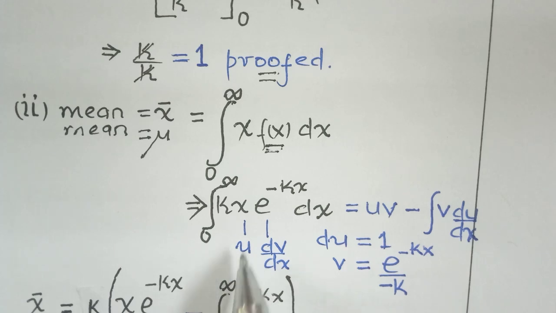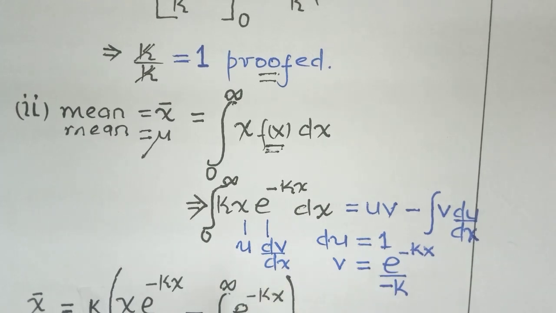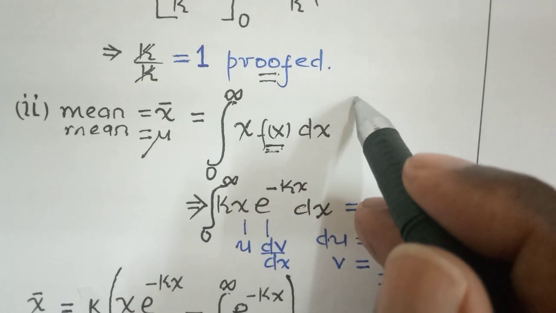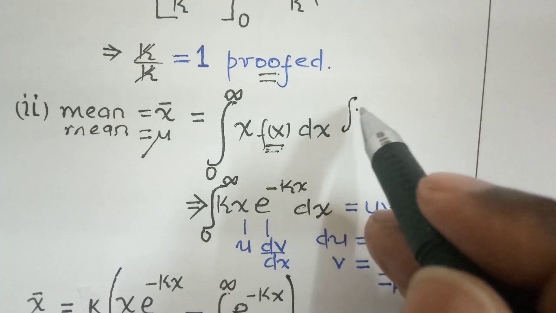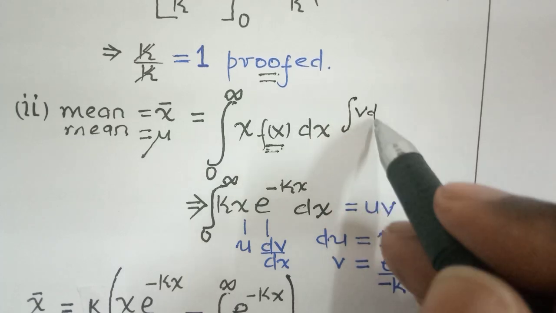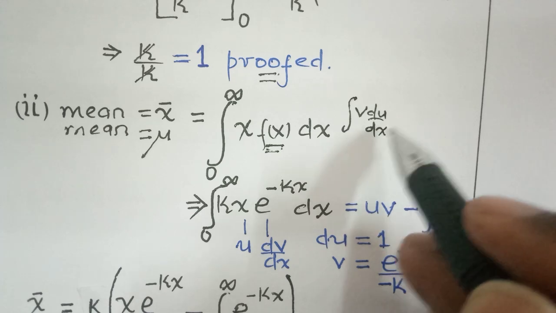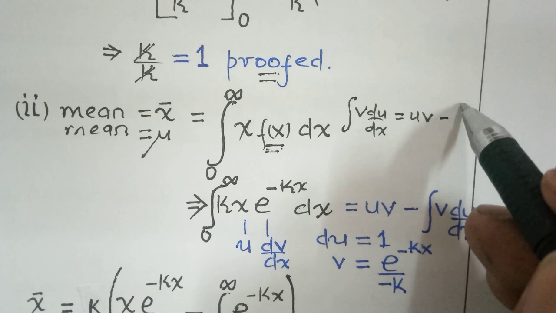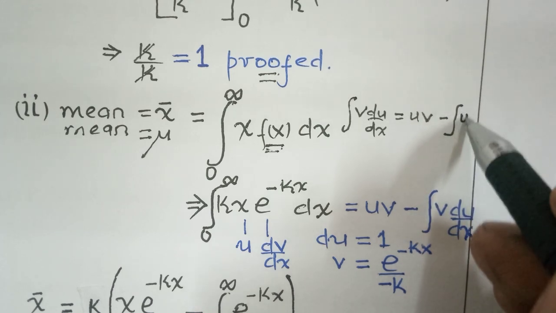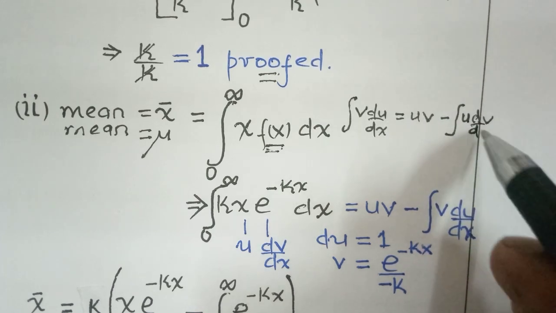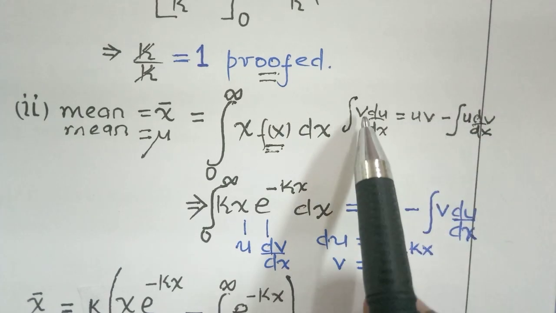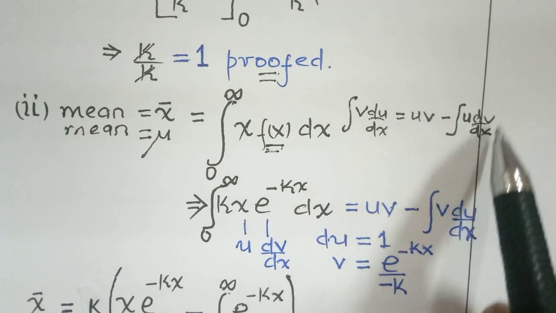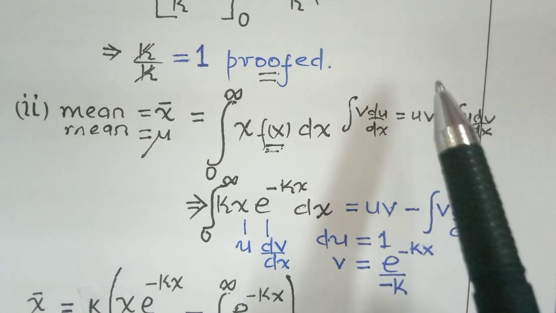For those who have done integration, it is done in this way: if you are supposed to integrate a function like u dv dx, then you get uv, minus the integral of v du dx. So you have u and dv, and the last one is going to interchange: you have v and du. This is what we use.